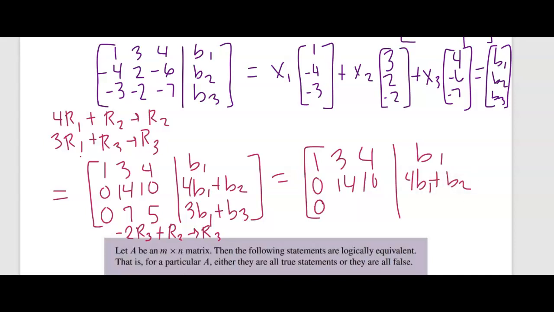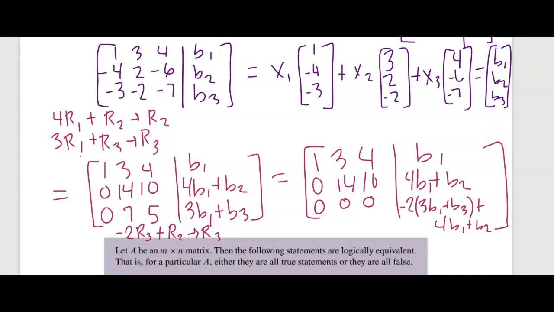I end up getting 0, negative 10 plus 10, 0, and negative 2 times row 3 plus row 2.